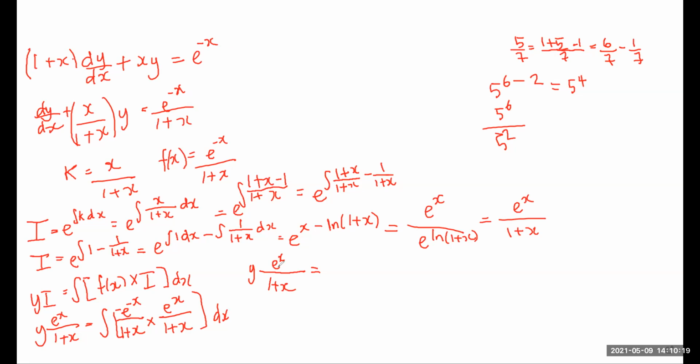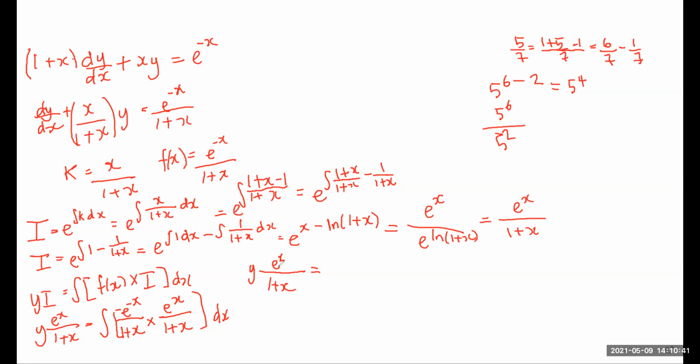The bases are the same. What do you do? Integrate? What you said, sir? e to the minus x times e to the x. When the bases are the same, what do you do? Oh, multiply. You add the powers. So add the powers then.